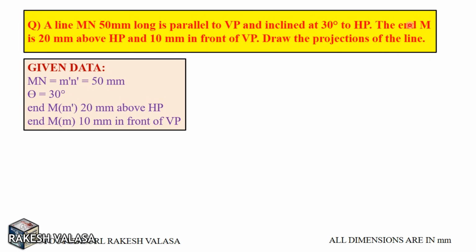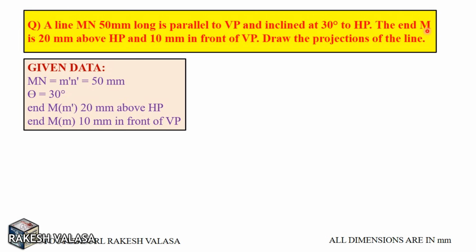The end M is 20 mm above the HP. The line has two endpoints. One end, whose name is also given, M, is 20 mm above the HP and 10 mm in front of the VP. This is the extension of the projections of points concept. So let us assume the line has two endpoints.